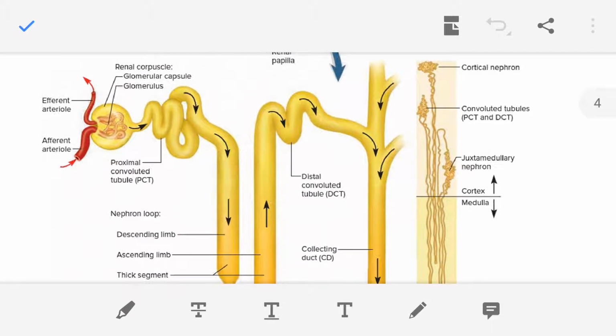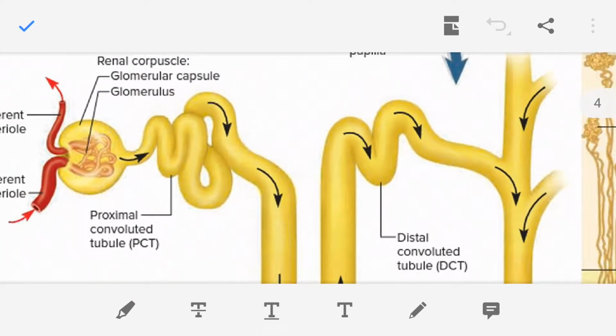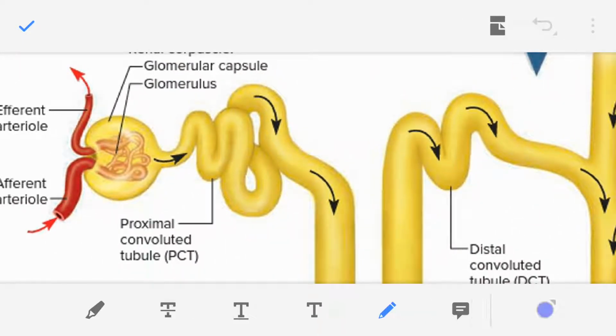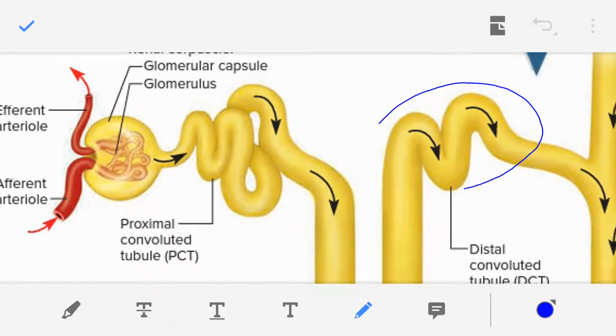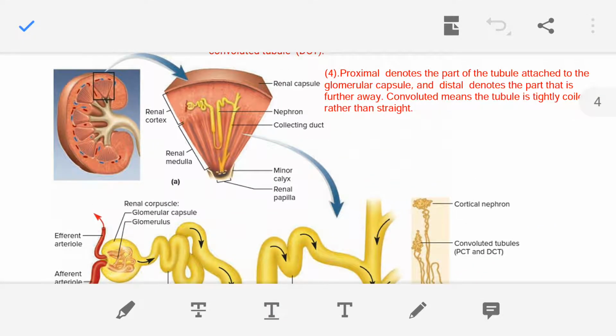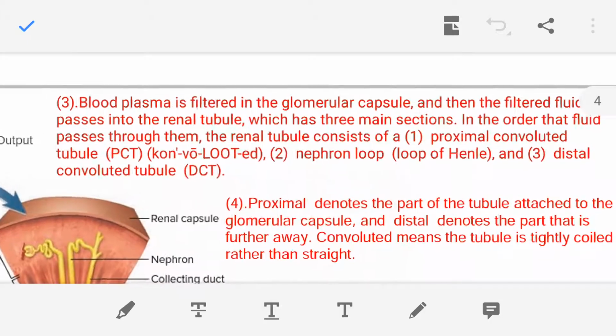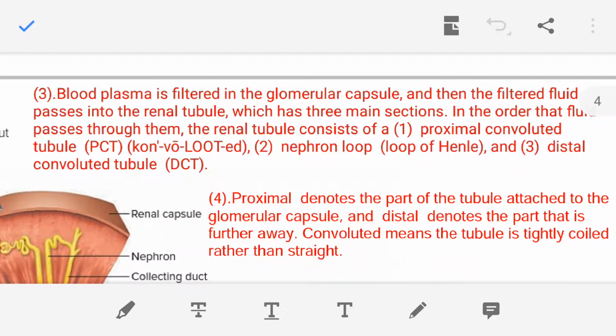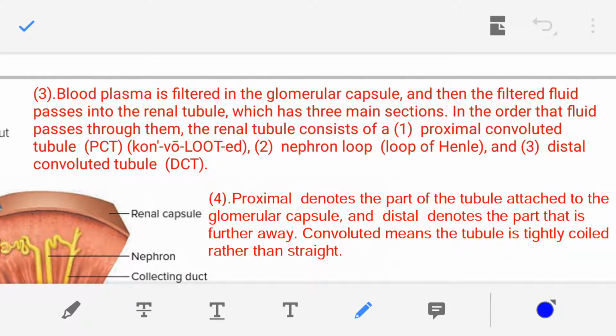And this distal portion is known as the distal convoluted tubule, in short DCT. So in the third point we have learned that the renal tubule has three parts: PCT, loop of Henle, and DCT.